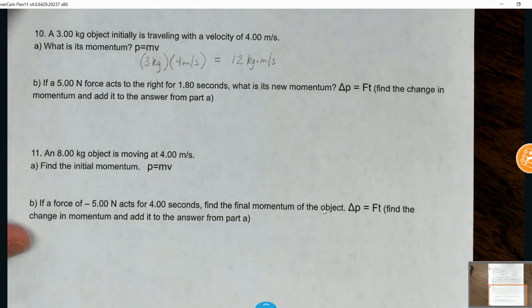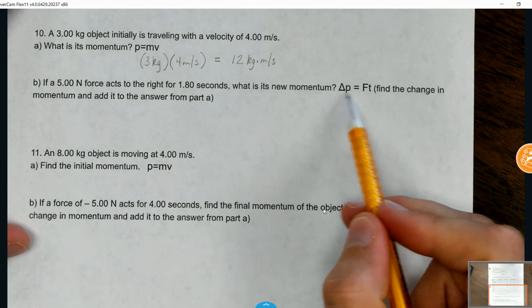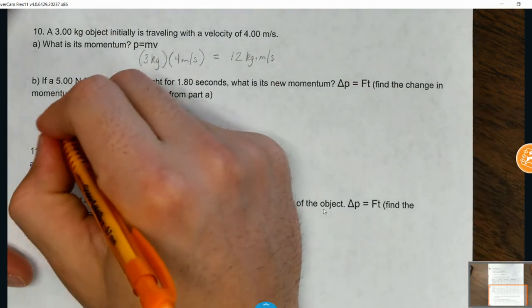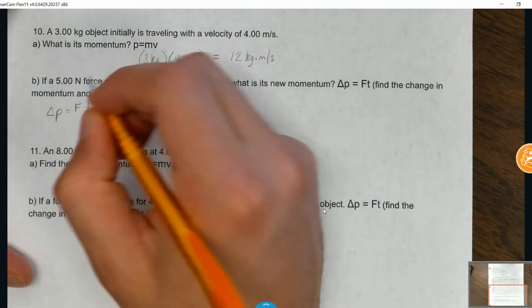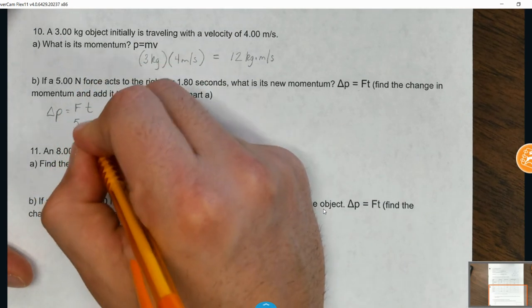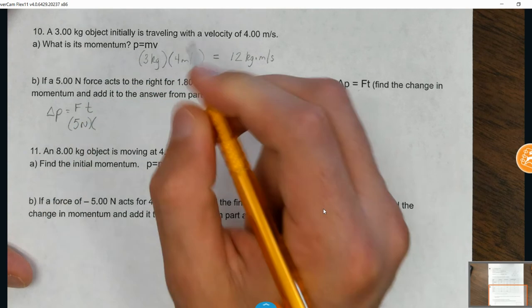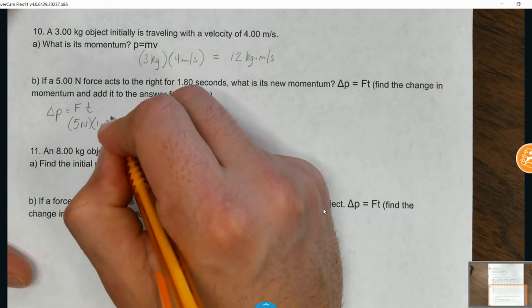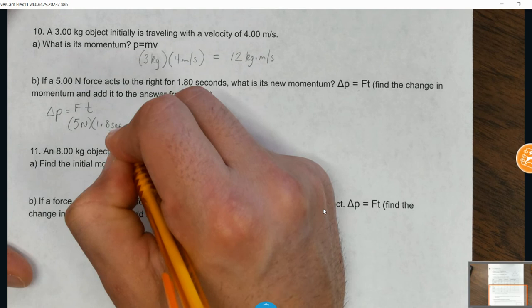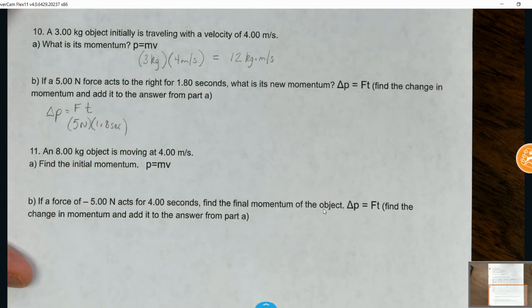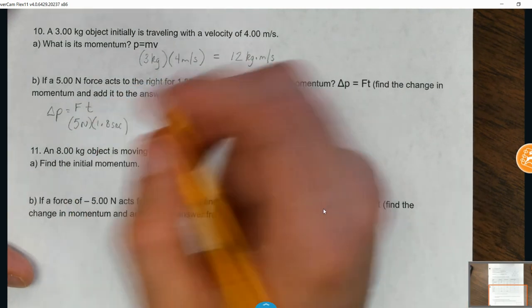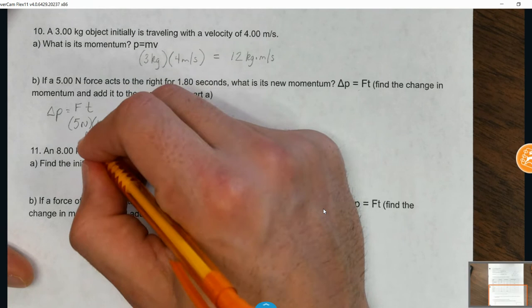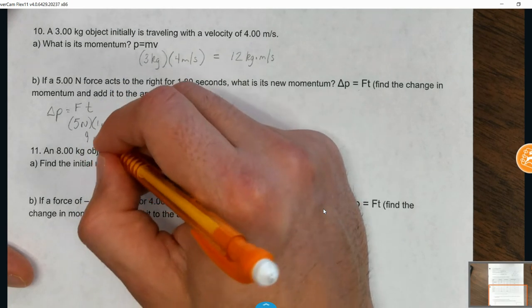That's what they want. So to find your change in momentum, delta P is going to equal force times time. The force was 5 newtons times 1.8 seconds. Cool. That gives us 9 Newton seconds.